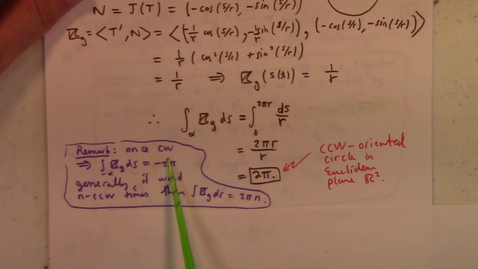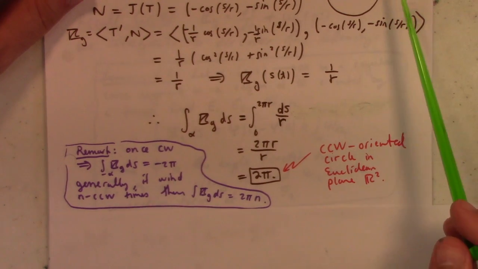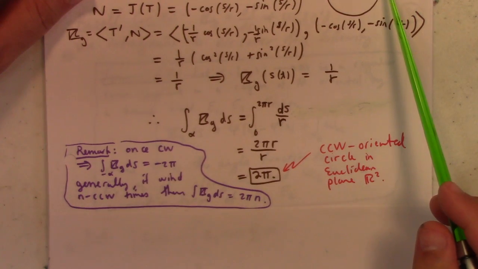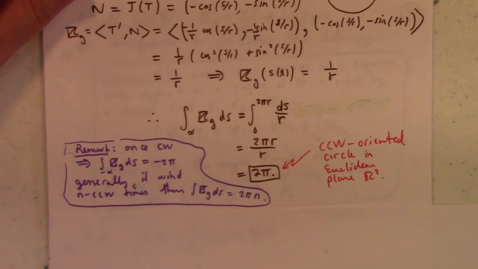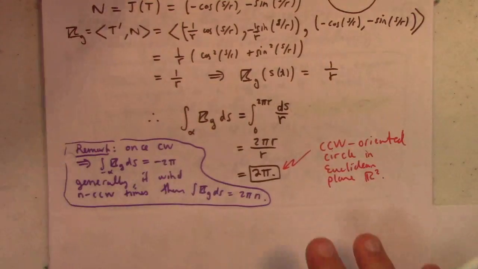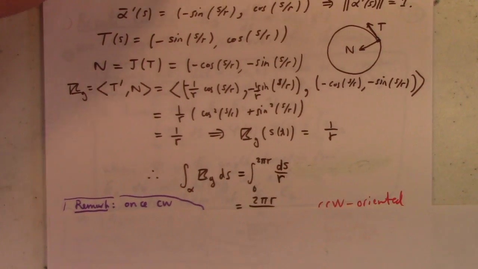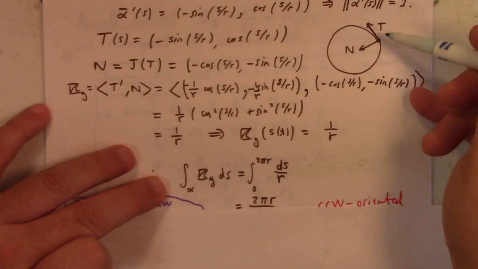Sorry, I'll stop advertising Lee's Riemannian manifolds book, but it is a nice book. Anyway, if you were to go clockwise, on the other hand, you pick up a minus. Let's see if I can picture it. So that's the counterclockwise.